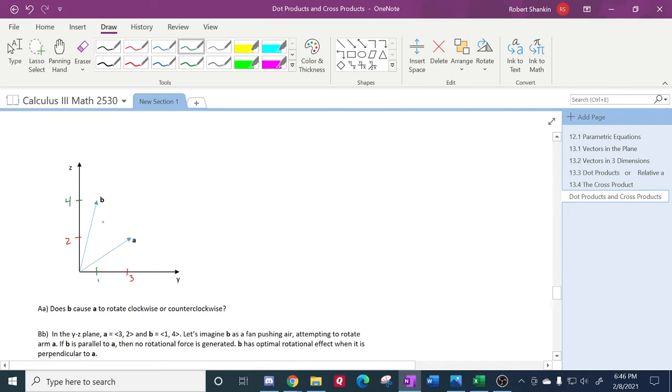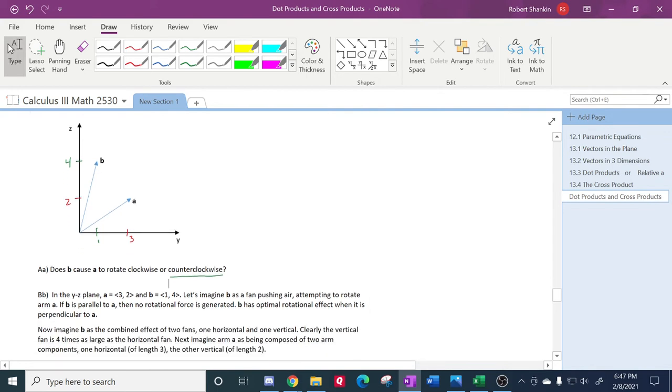The rotational force is the part that's perpendicular, and it's moving in this direction, and now this is what we call counterclockwise, and it's also the positive direction in trigonometry. Remember, we had a 0 angle here and a 30-degree angle, and as the angles get bigger, we go in this direction, counterclockwise. That's the positive direction.